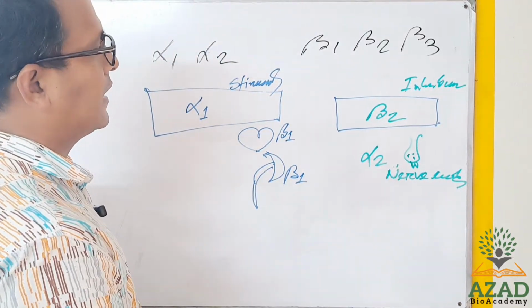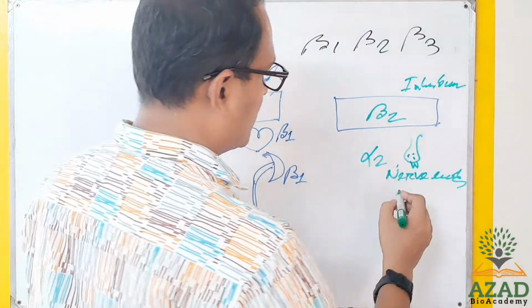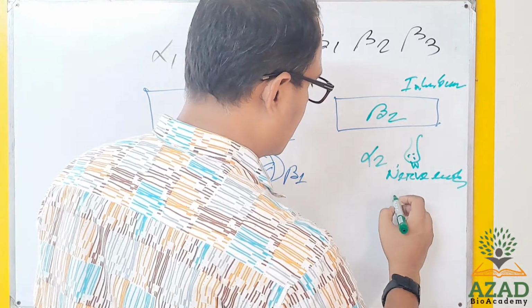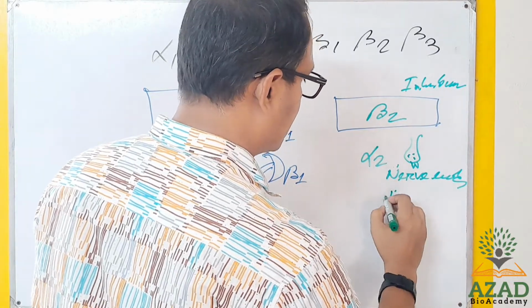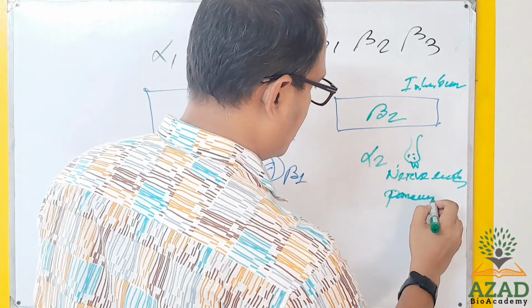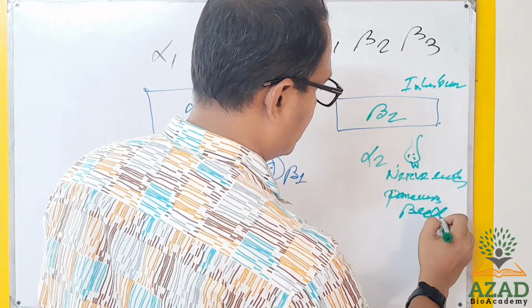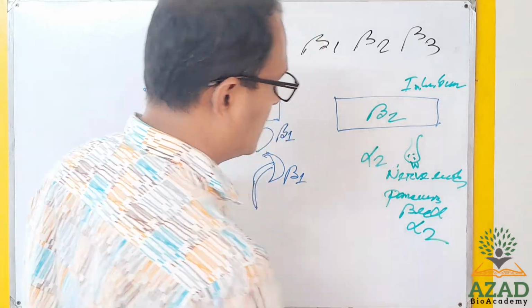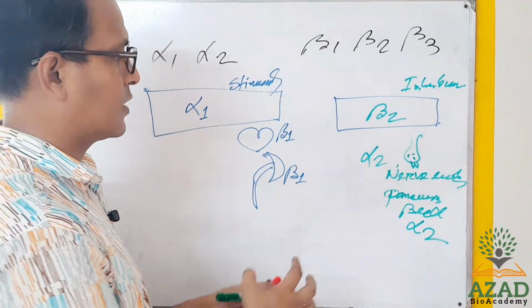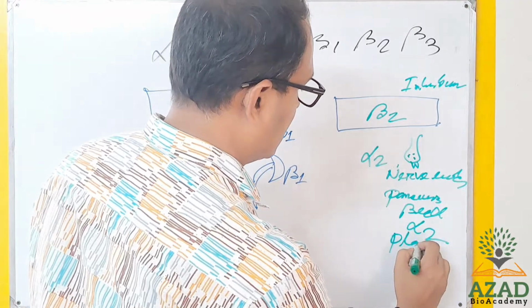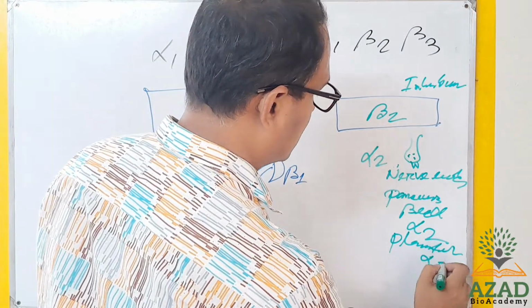Okay, and if you think your secretory glands like pancreas, beta cell, over there alpha 2 is present. You can consider the platelet, aggregated platelet, also alpha 2 there.